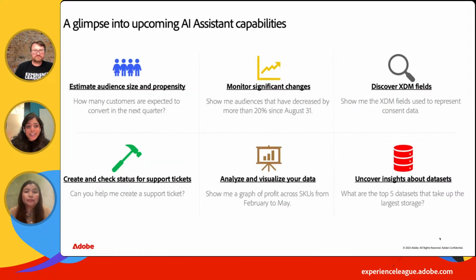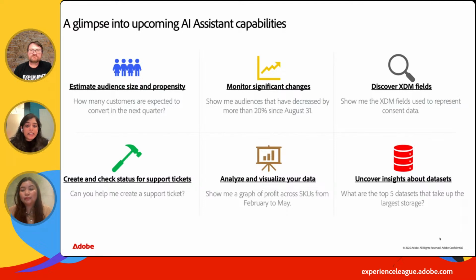Perfect. So I did show you some interesting use cases. We've seen that users are saving up to hours or even days of effort. But what I'm really excited about is what's yet to come, right? So the team is super busy at work. We've been running these in front of a lot of our customers, and we have a bunch of exciting features coming up in the next couple of months.